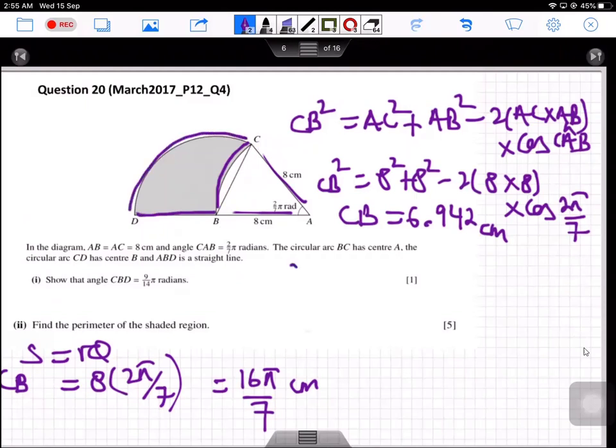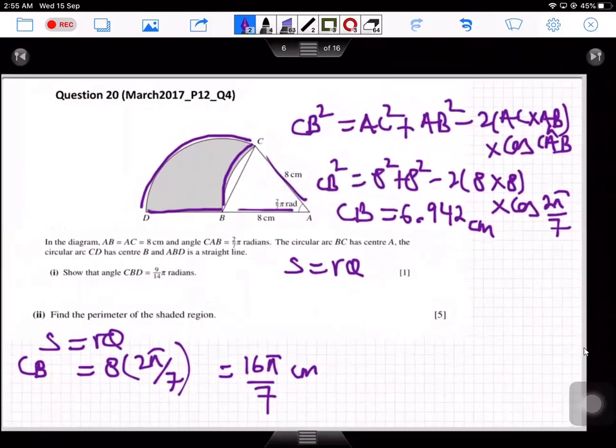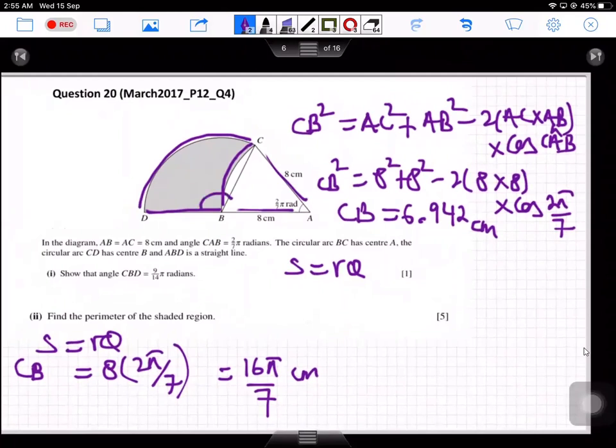We apply the arc length formula again, r multiplied by theta, where theta is in radians, and this angle is 9 pi over 14. So 6.942 multiplied by 9 pi over 14.